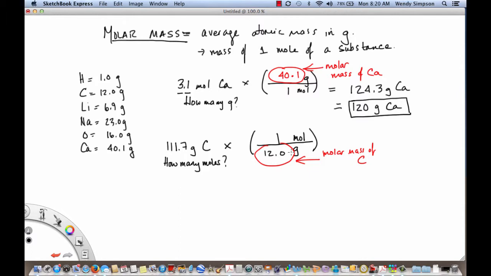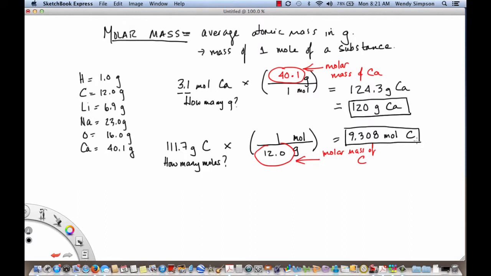So our problem becomes 111.7 divided by 12.0. And we would get 9.308 moles of carbon. And this is rounded to 4 significant figures.